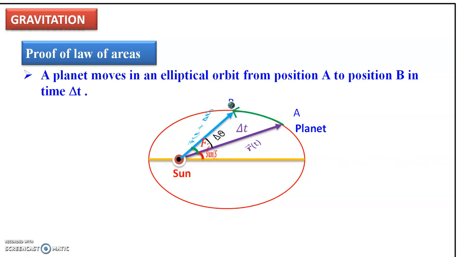Now, when the planet moves from A to B, observe here, this part is an arc. Here the angle is delta theta. From the definition of plane angle, angle equals arc length by radius.